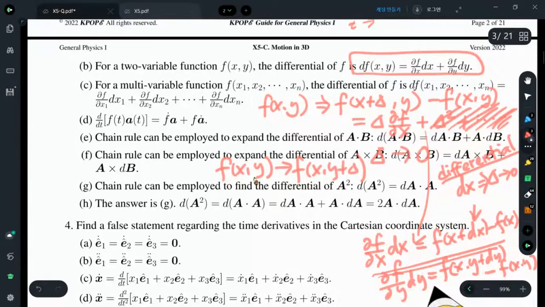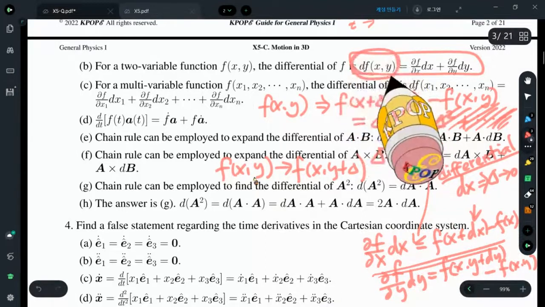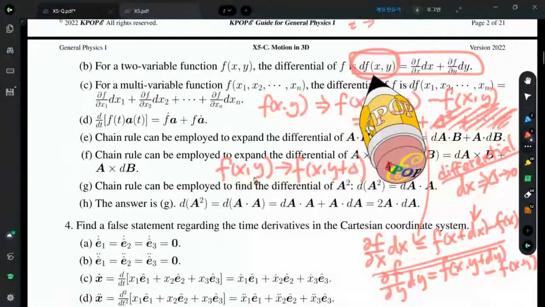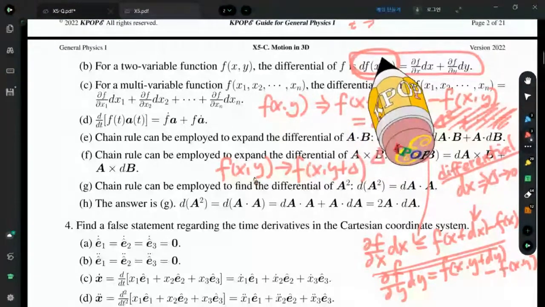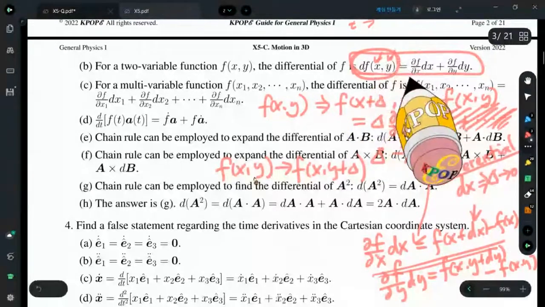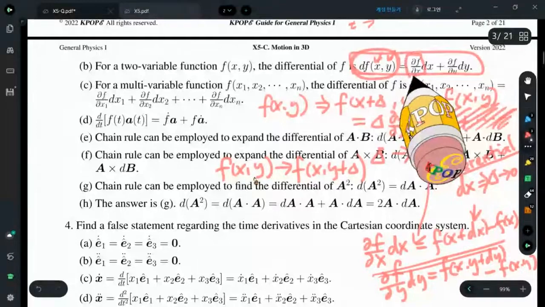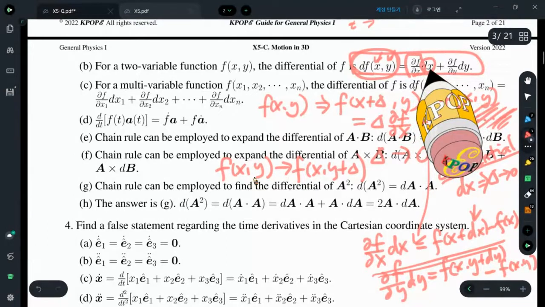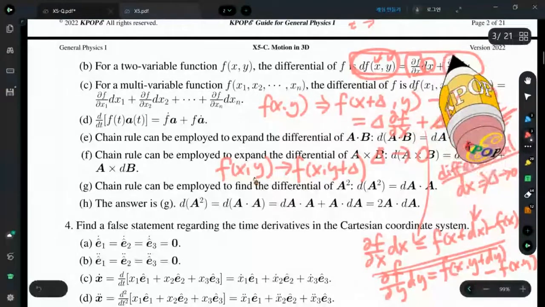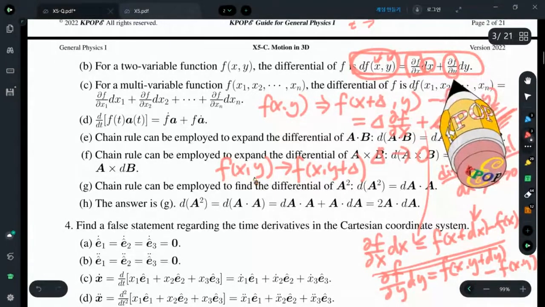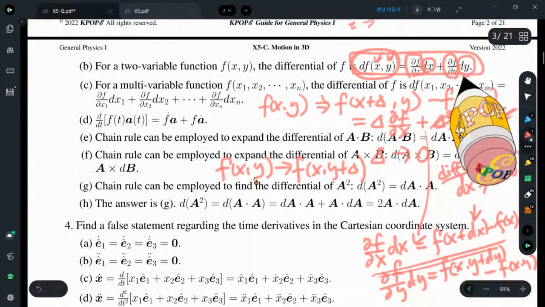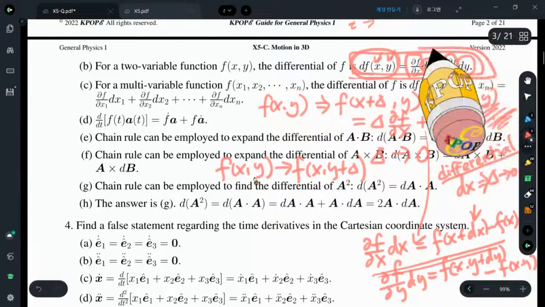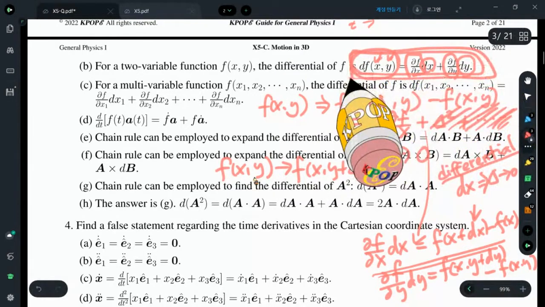As a result, the total differential, that is the infinitesimal change in a function of x and y, is the partial derivative with respect to x multiplied by the x differential, plus the partial derivative of f with respect to y multiplied by the y differential. Add them up, and this is the total differential.